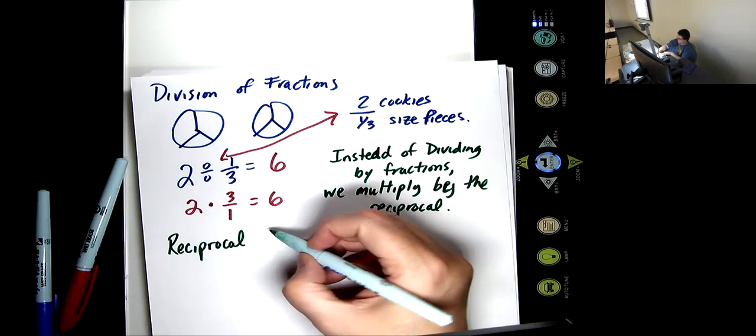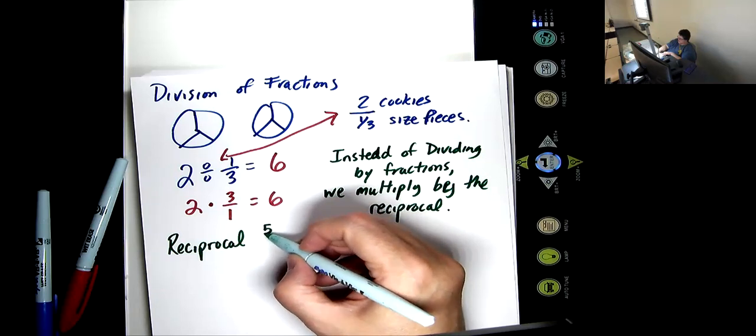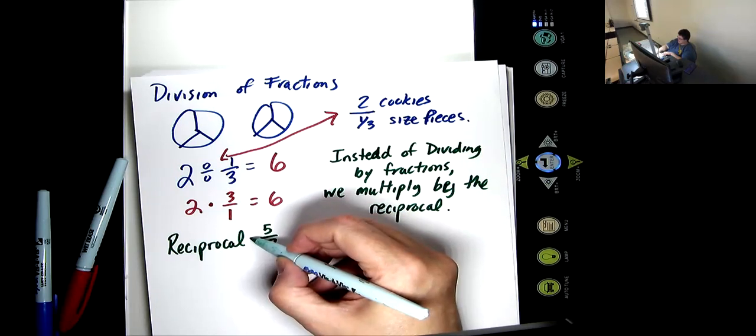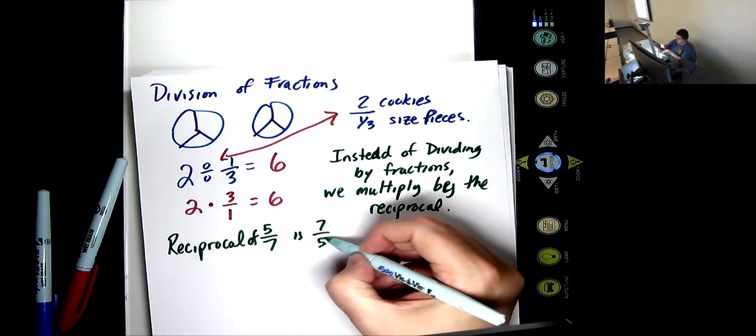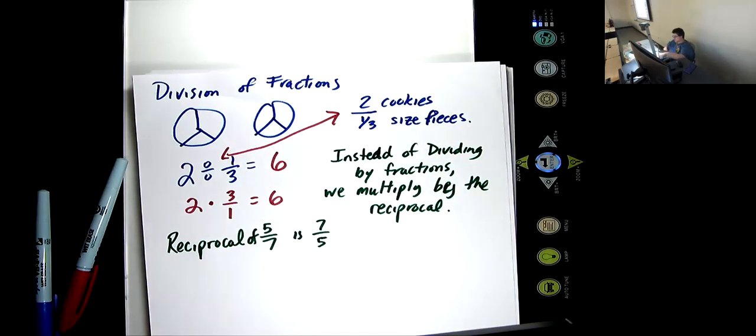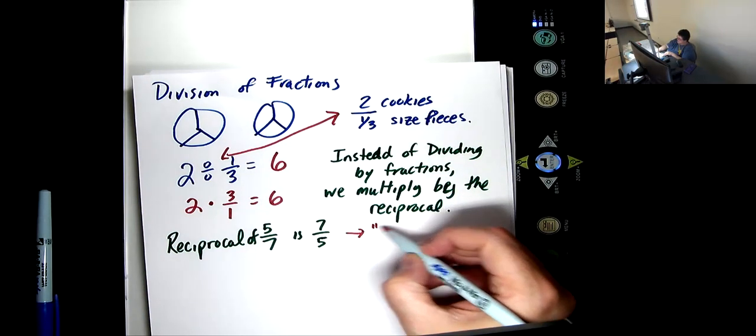The reciprocal of 5/7 is 7/5. So that's reciprocal. I think the easiest way to remember this is just flip it.